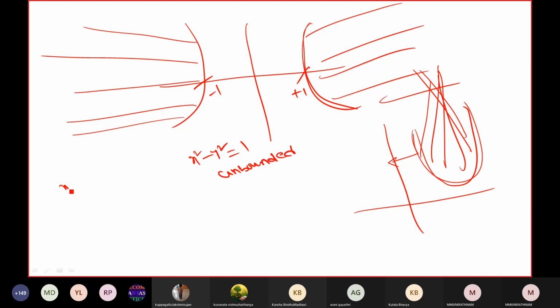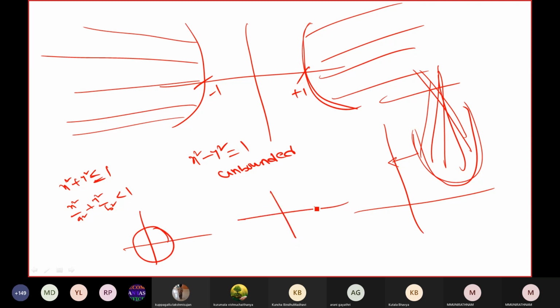But when we take x square plus y square equal to 1, less than or equal to 1, or x square by a square plus y square by b square less than 1, a circle is bounded, and likewise an ellipse with axes a and b is bounded.